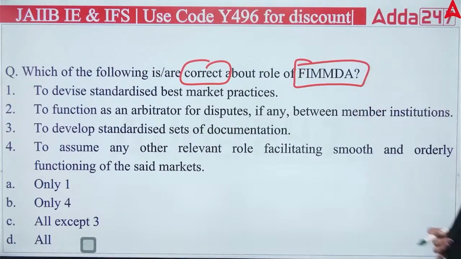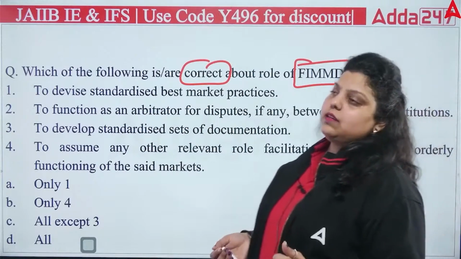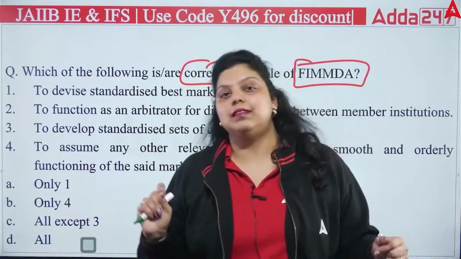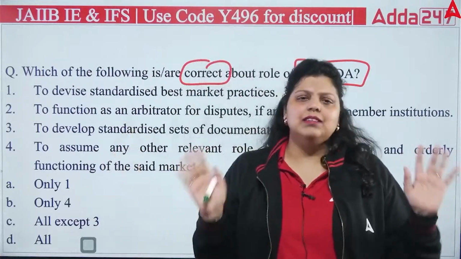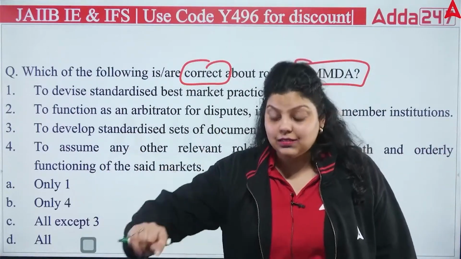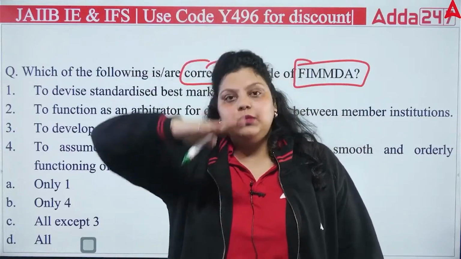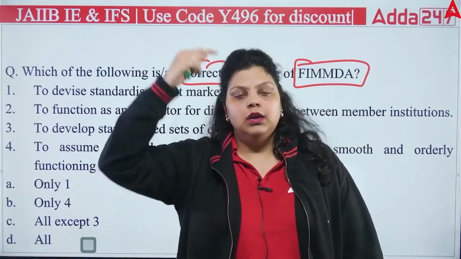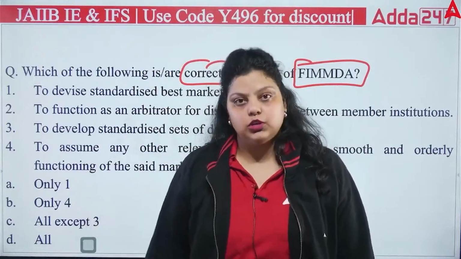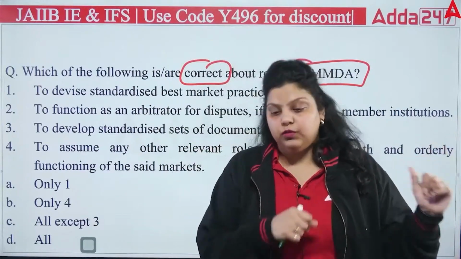There is very little chance that they will directly ask what FIMMDA stands for, or directly ask about full forms. But yes, there is a chance in the statements regarding that particular abbreviation. One of the statements in the question will be talking about the full form of that abbreviation. So that's why we have to remember the full form as well.